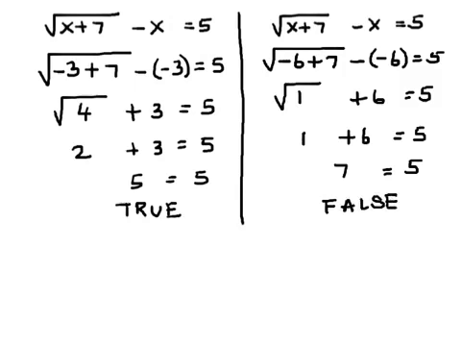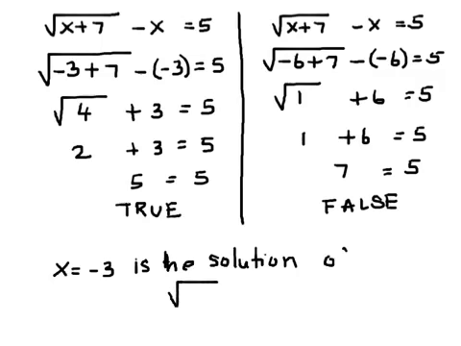Since we got a false statement, we know that negative 6 is not a solution for the given equation. So, as our concluding statement, we say x equals negative 3 is the solution of the given radical equation square root of x plus 7 minus x equals 5.